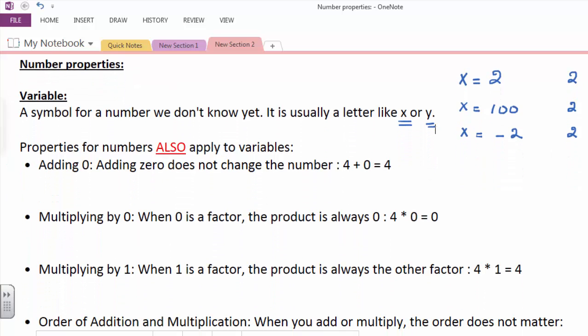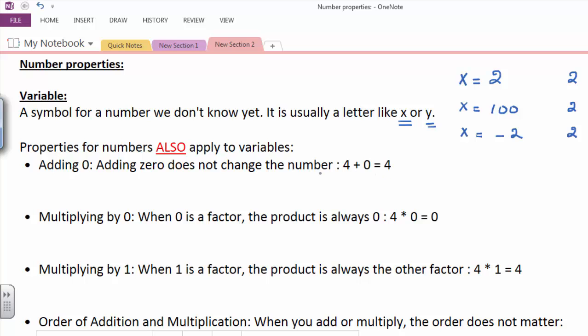Properties for numbers also apply to variables. So any property for numbers applies for the variable. Let's see the first one, adding 0. From grade 2 and grade 3, we know adding 0 does not change the number. So 4 plus 0 gives me 4.